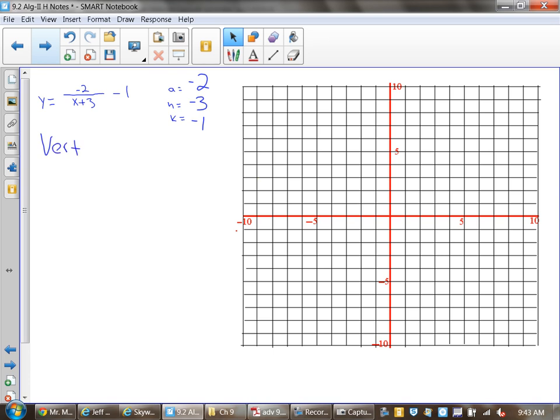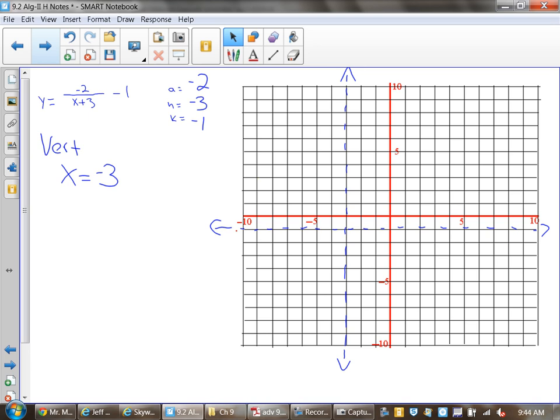My vertical asymptote is at x equals -3. My horizontal asymptote's at y equals -1. And what we've done here, ladies and gentlemen, is just kind of shifted around. Instead of being bounded around the origin, we've moved that to a new intersection spot. Okay. So now I have vertical asymptote, horizontal asymptote.